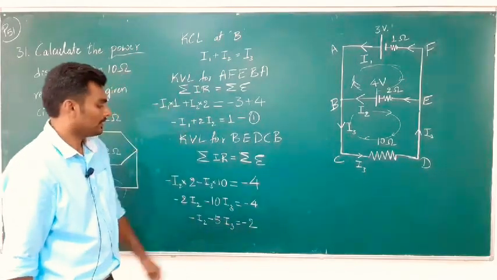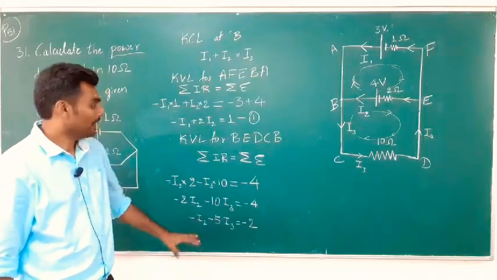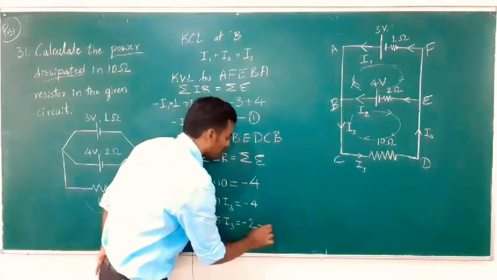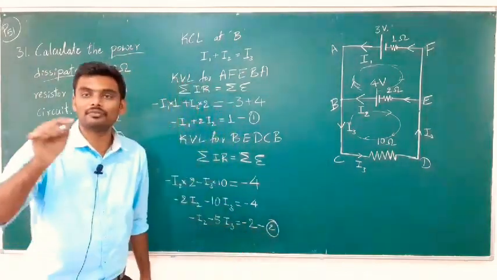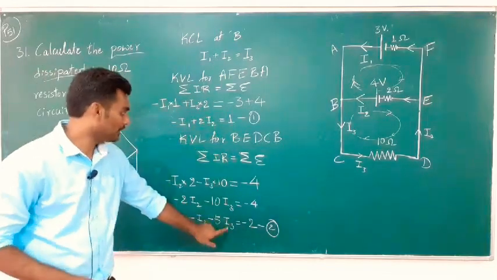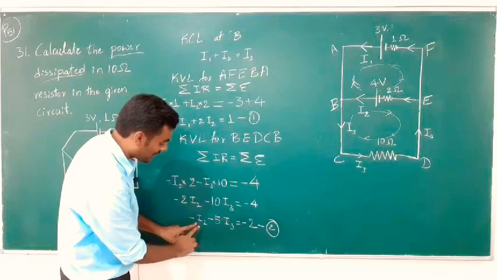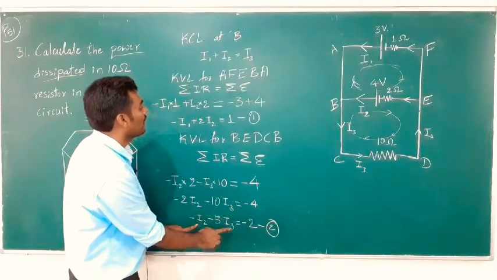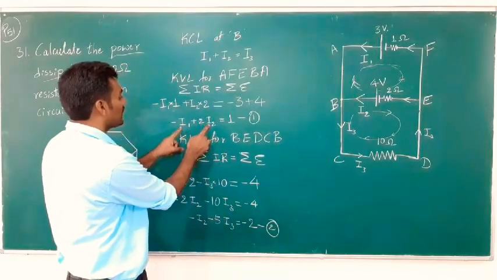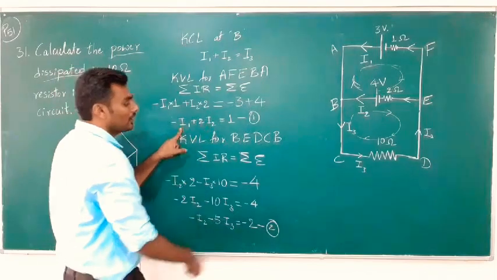Let me name this as equation 2. The factor that we need is I3, and here I have an expression which connects I2 and I3, and here I have an expression which connects I2 and I1.